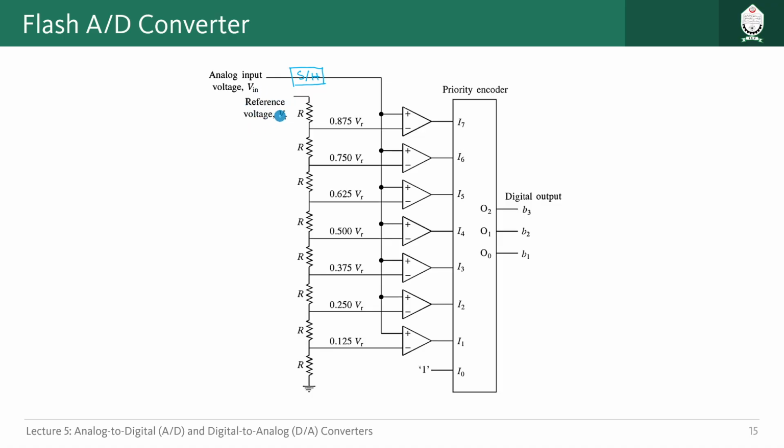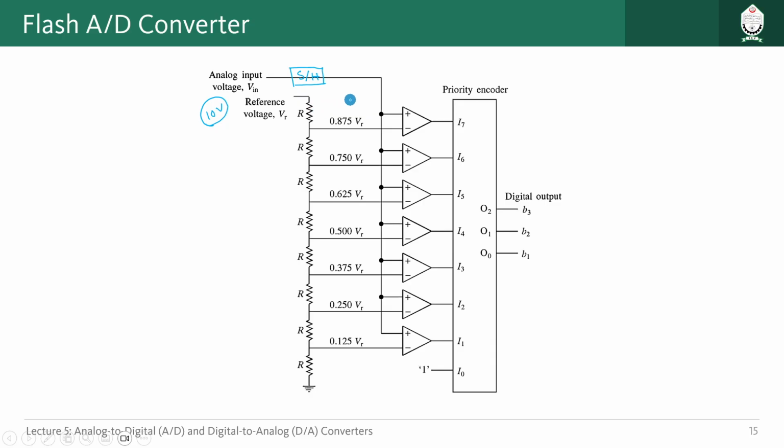For example, we can take 10 volt as the reference voltage so that I can explain here. As you can see, we have 8 different resistors of the same value, right? So if I provide 10 volt here, the voltage will be equally divided across each of the resistors. Each of the resistors drops 1.25 volt, right?